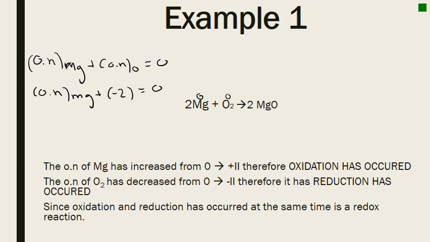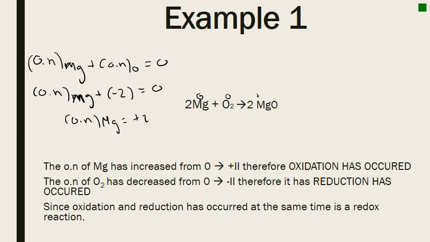Now to get the oxidation number of Mg, remember this is always a capital letter, we have to rearrange the equation. So the oxidation number for Mg is +2. Now we have found out the oxidation number of Mg is +2.